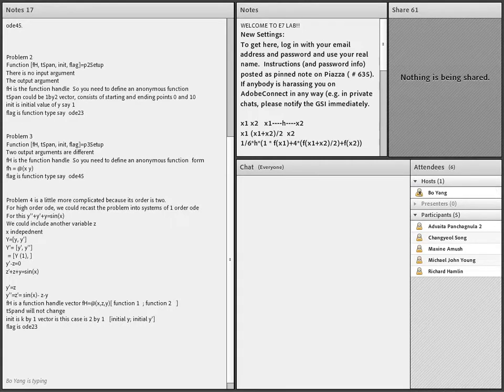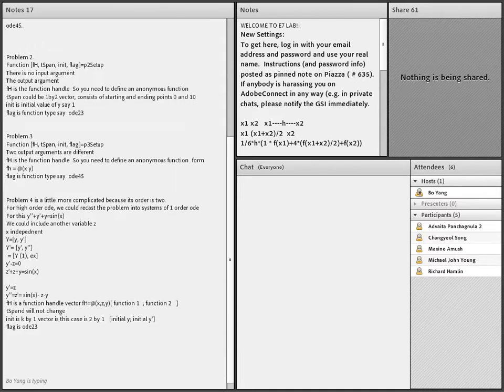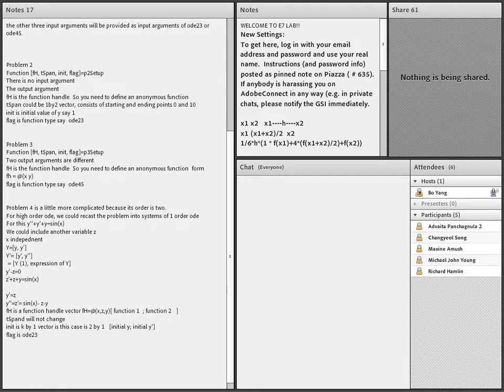And the Y double prime can be expressed in terms of capital Y. So your work is to find the expression of Y double prime in terms of this capital Y. So how to do that?